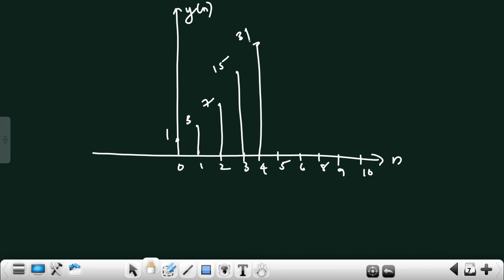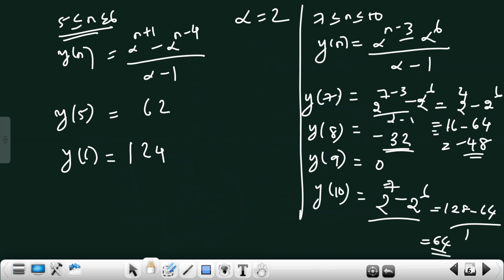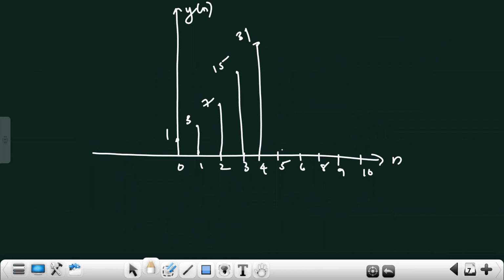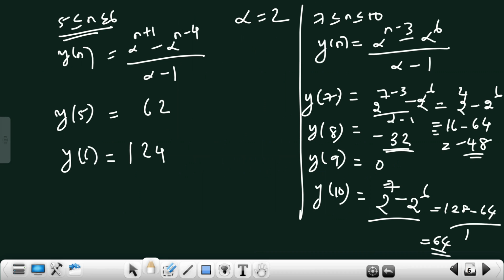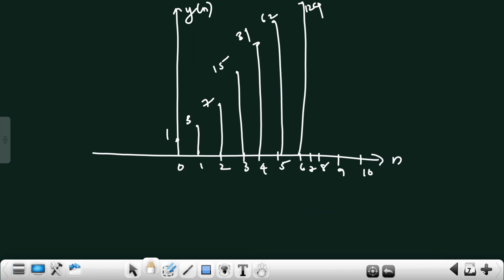Then what about y of 5? Y of 5 is 62, and y of 6 is 124. Y of 7 is minus 48, y of 8 is minus 32, so it will come down.